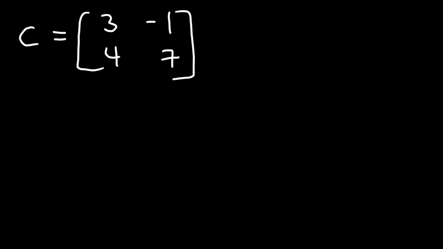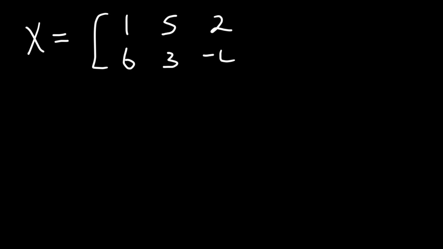Therefore, for the rows we shall have 1, 2, and for the columns we shall also have 1, 2. So in this case we have 2 rows and 2 columns. The order of a matrix is written starting with rows and then followed by columns. Therefore, in this case we have a 2 by 2 matrix.